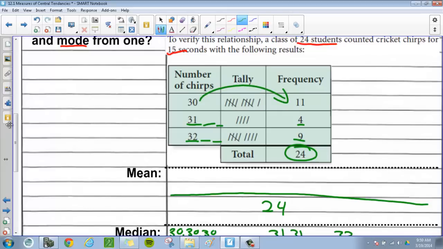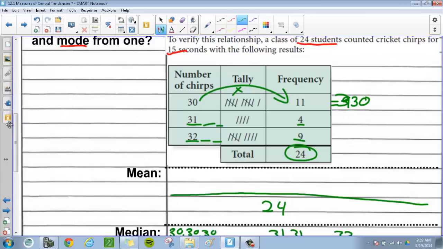Okay? So we're going to take 30 and multiply it by 11. 30 times 11, well, 3 times 11 is 33, and then we get 330. Oh, why did I do 930? Gosh. 330 up there. Correction made. Sorry.